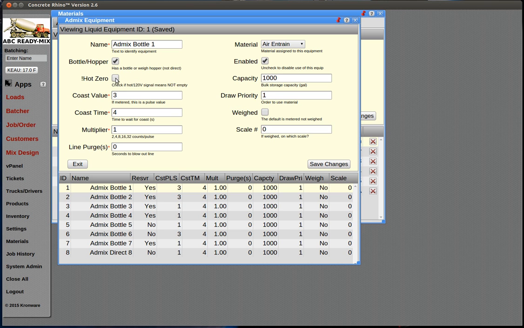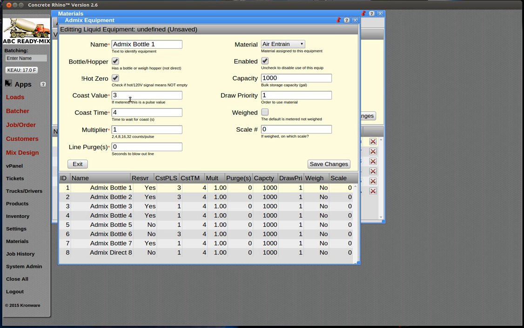If the hot signal is sent when the bottle's not empty, then we would check this, and then we would probably replace the green lights on the manual panel with red lights, or just change the lens, because this is, you know, the condition you don't want. You need to see the bottle go empty and the red light go out.